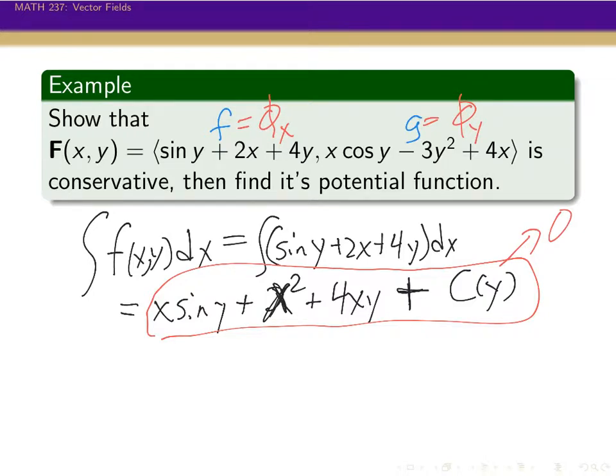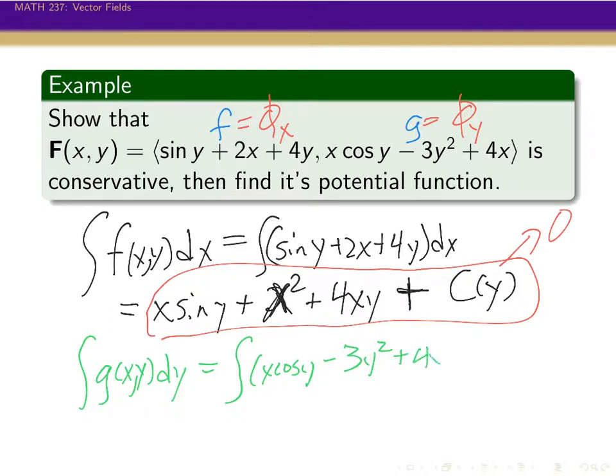Okay. So now we're going to go back and do the same thing with g, except we're going to be integrating g in terms of y. And so g in terms of y is going to be x cosine y minus 3y squared plus 4x dy. So when we integrate this in terms of y, x is a constant.